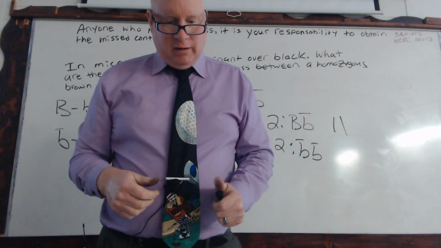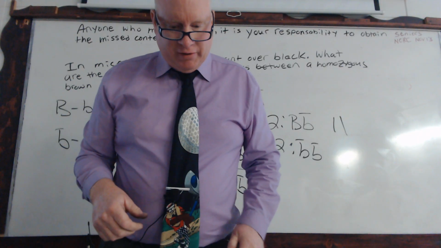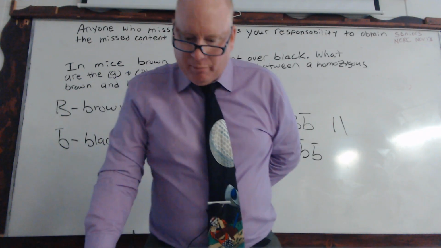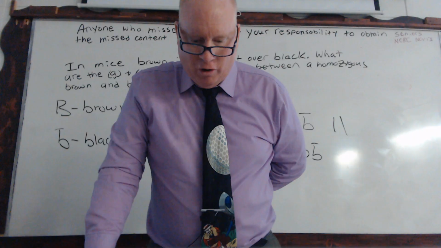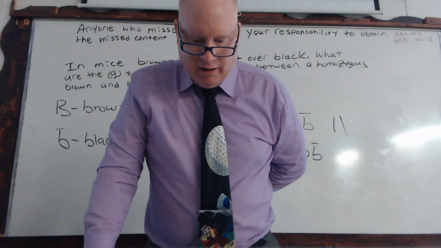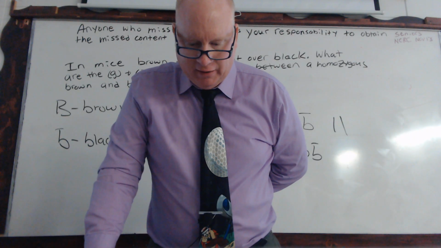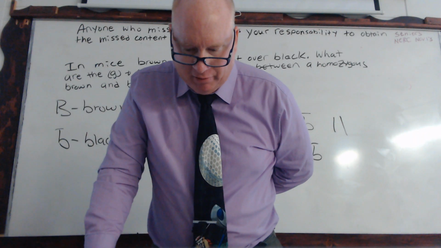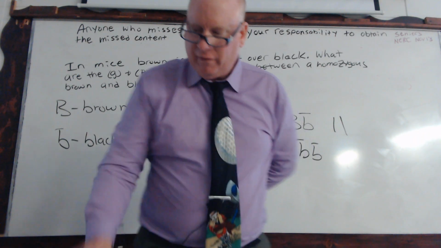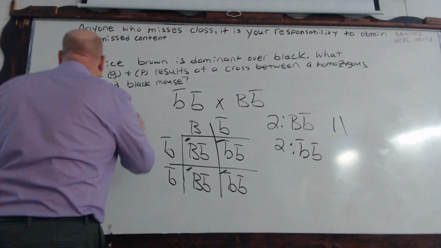Number one, we got questions. Display the results that would occur for flower position if you cross a homozygous axial pea plant with a heterozygous pea plant. Axial is dominant over terminal.